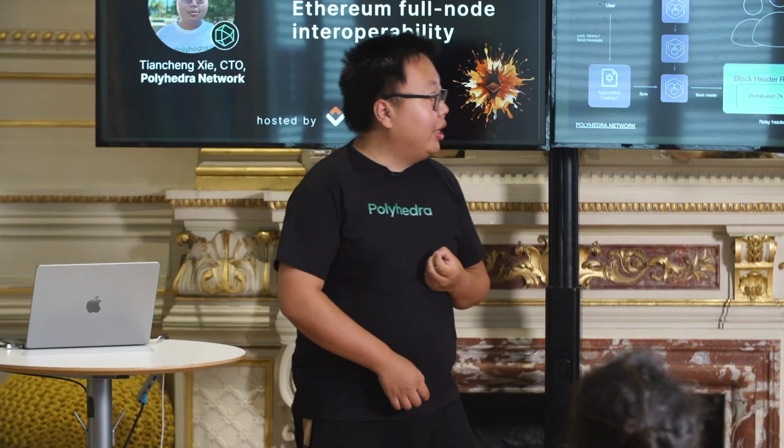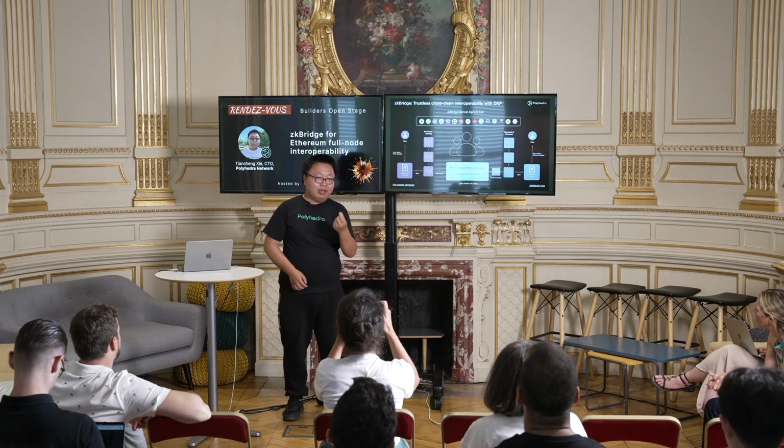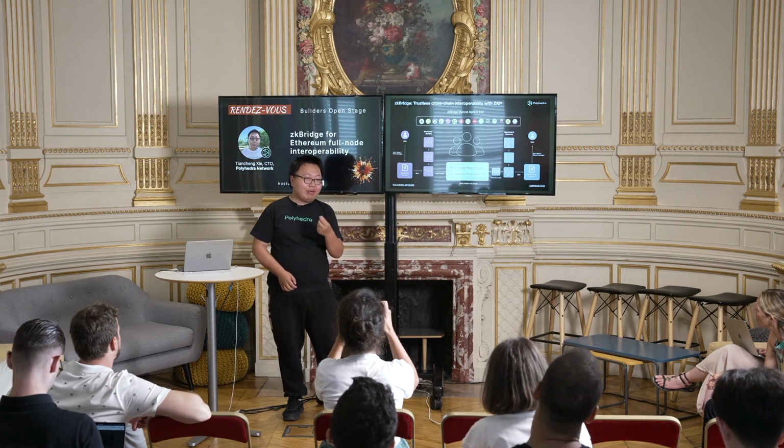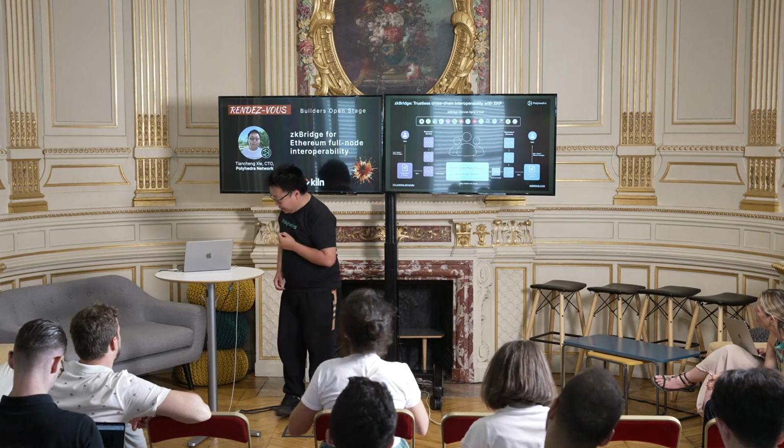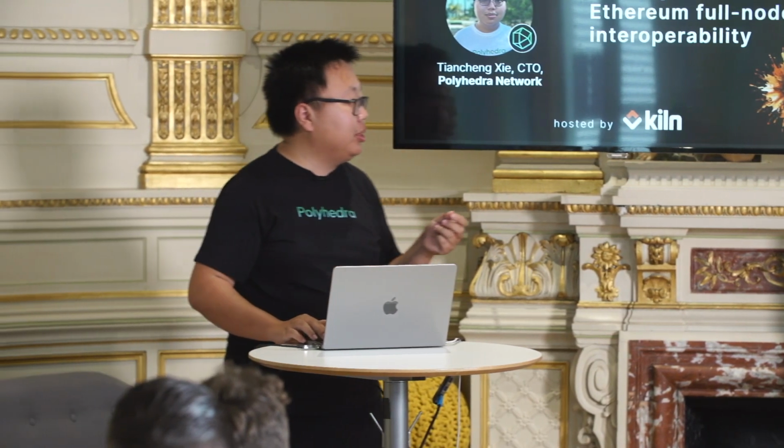state. And to prove a block header, what people usually do is verify signatures. If you take the sender chain as Ethereum, then it will be proving BLS signatures from validators. And this is actually very hard, because you need to prove it in a zero-knowledge proof.